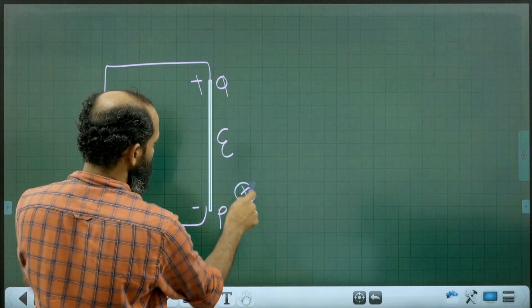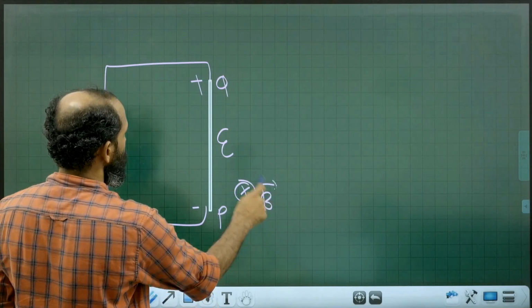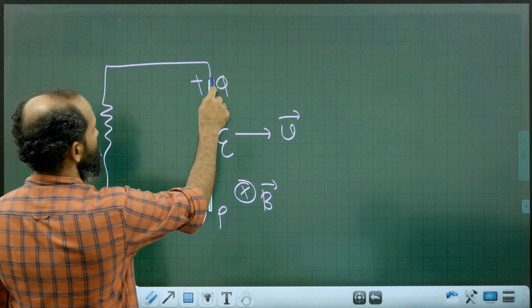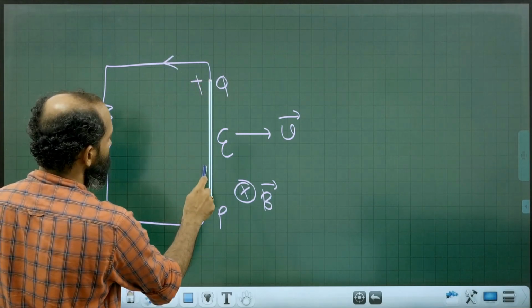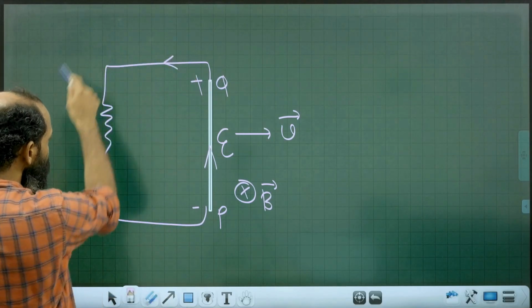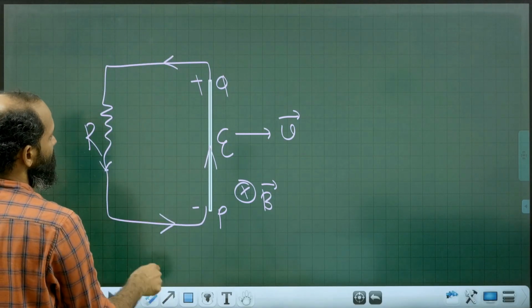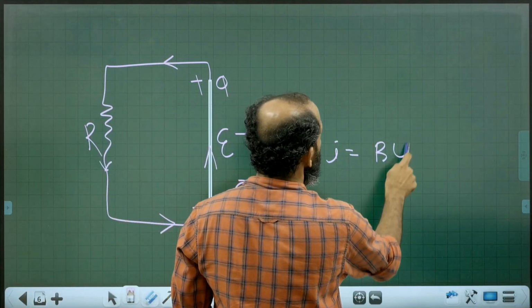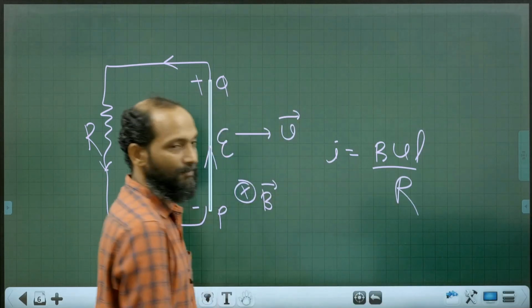The magnetic field was inward. Velocity was rightward. Now that produces a current directed from P to Q inside that wire and Q to P outside. This is the conventional current. That current can be BVL divided by R.